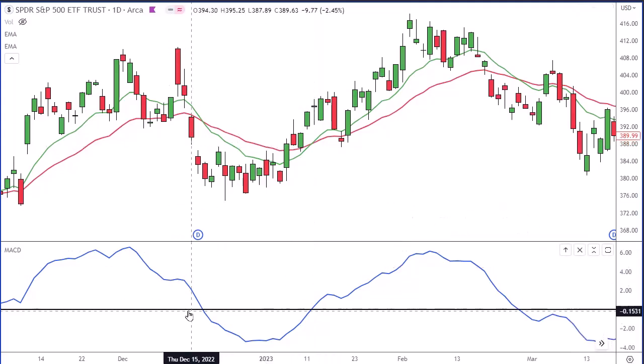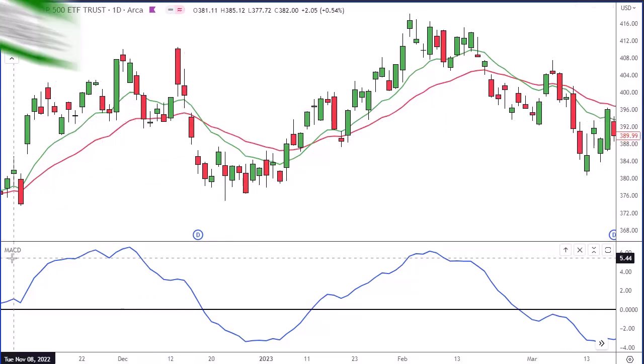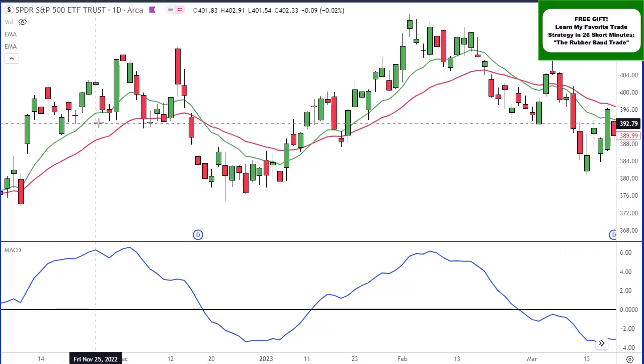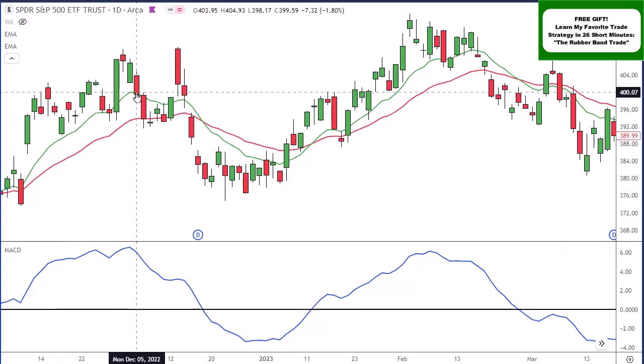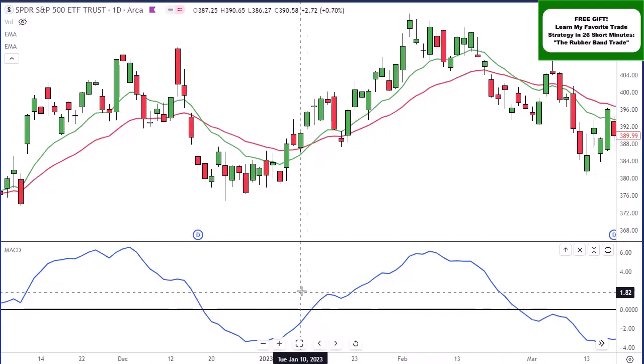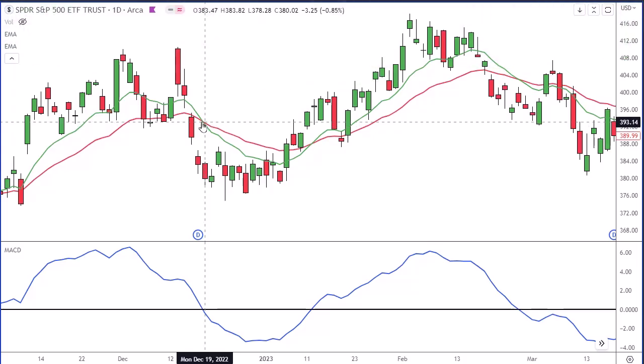So this line is the difference between these two moving averages, whether they're converging or diverging. Diverging meaning moving away, meaning there's price acceleration to the upside. So it's not measuring trend, it's measuring price acceleration. And the 0 line, what that is simply measuring is when the two moving averages are crossing.